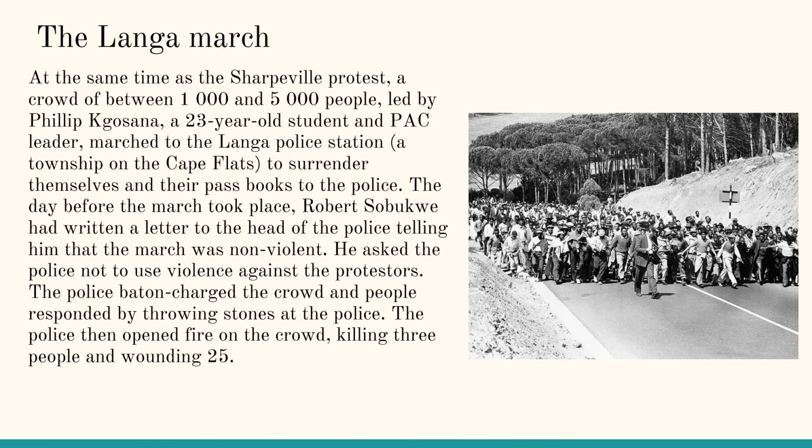The day before the march took place, Robert Sobukwe had written a letter to the head of the police telling him that the march was non-violent. He asked the police not to use violence against the protesters. The police baton charged the crowd, and people responded by throwing stones at the police. The police then opened fire on the crowd, killing 3 people and wounding 25.